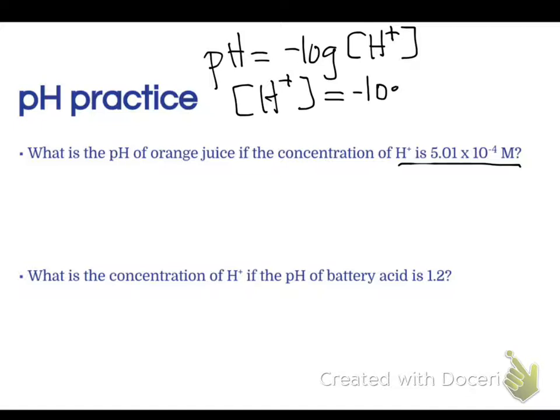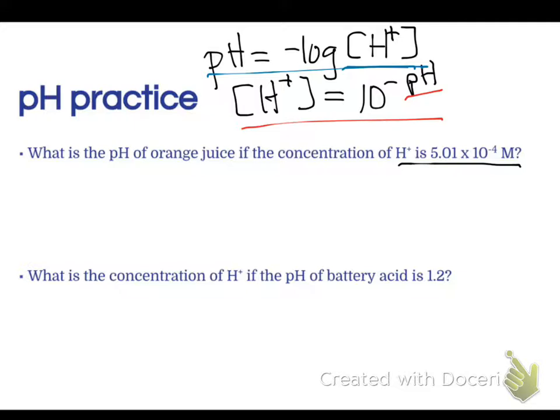And so all I have to do is determine which one I need to use. If they've given me pH, I will use the second equation. If they haven't given me pH and what I've got is H plus concentration, then I'm going to use this one, right? And that's a pretty good rule of thumb generally. So they gave us H plus in this one, so I'm trying to solve for pH.